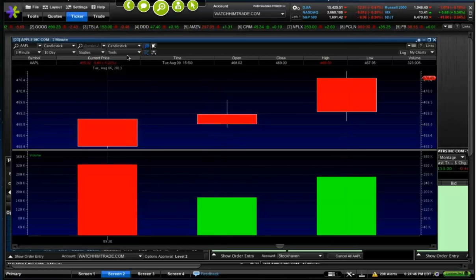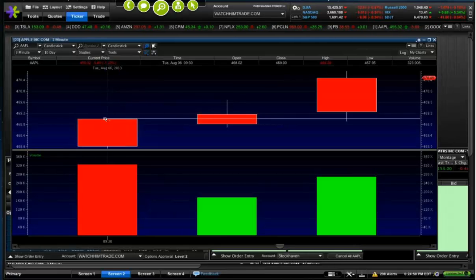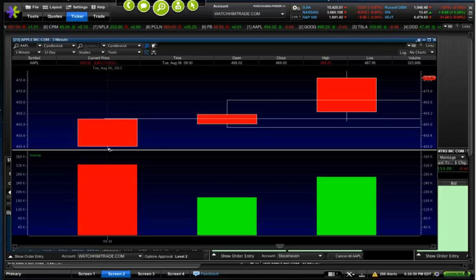So now we have a long setup intact, as long as what? As long as the initial 6-minute low and 6-minute high are acting as support, and then your initial 3-minute low needs to act as support as well. So there's that factor. Okay.